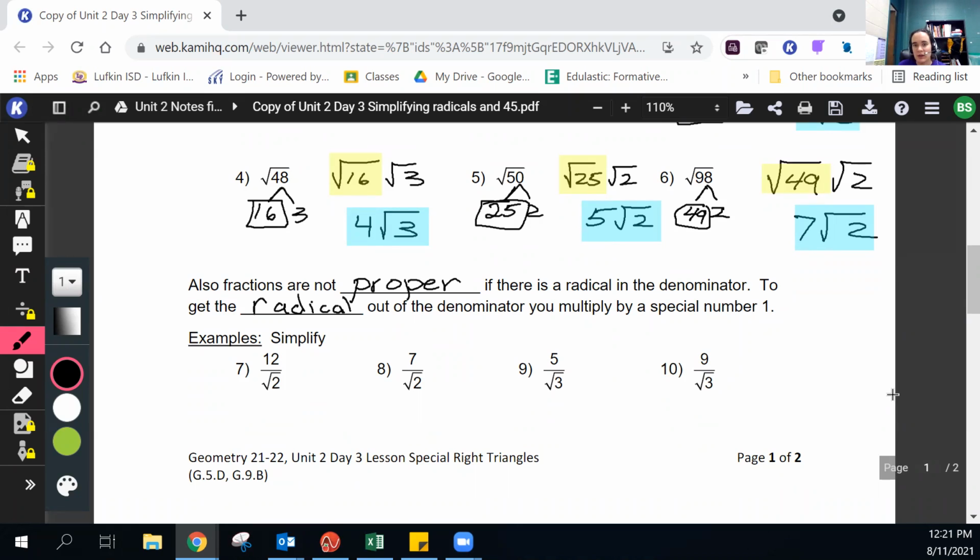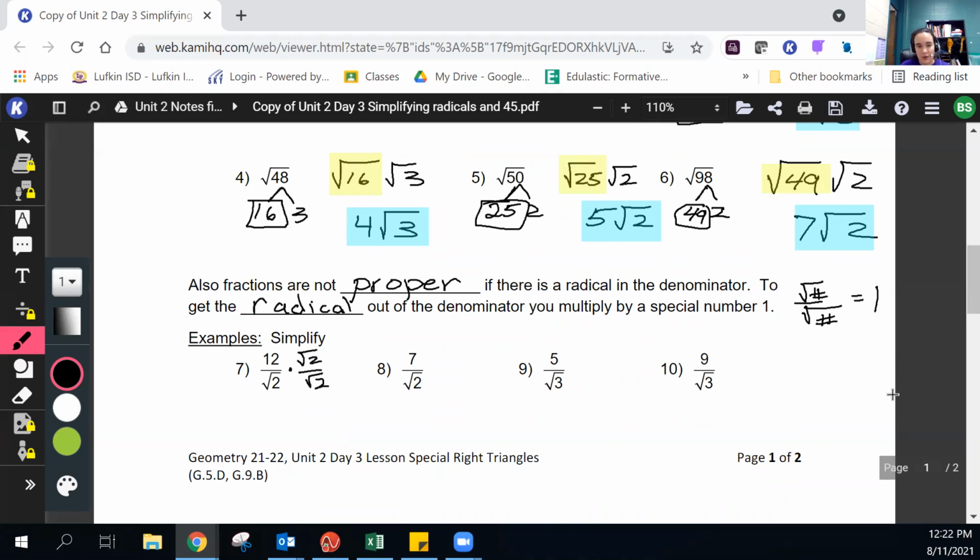What I mean is we multiply by the square root of whatever that number is in both the numerator and the denominator, because when you divide a number by itself, it equals 1. So we're going to multiply by the square root of 2 over square root of 2.